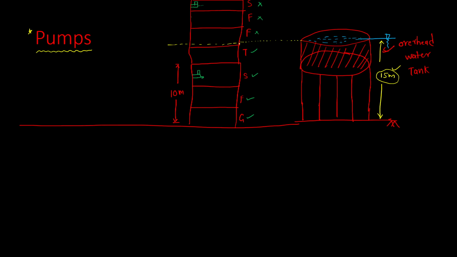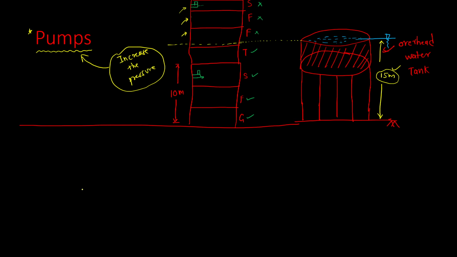Now if we want to supply the water to the upper floors, what do we have to do? We have to increase the pressure. How can the pressure be increased? The pressure can be increased by using pumps.